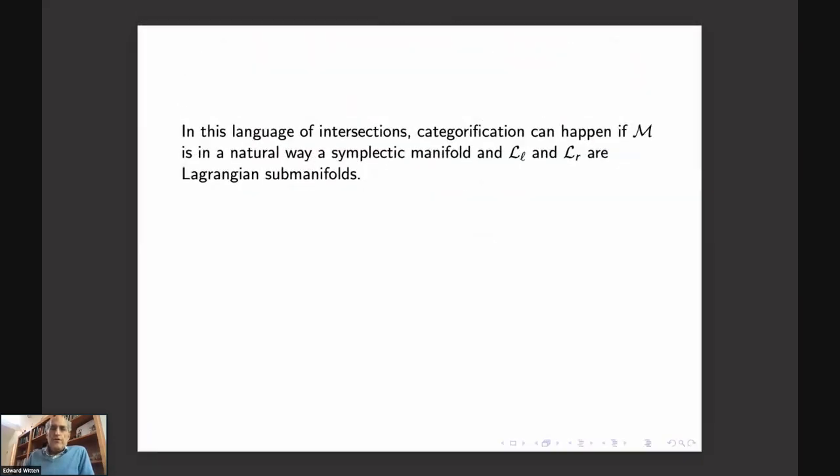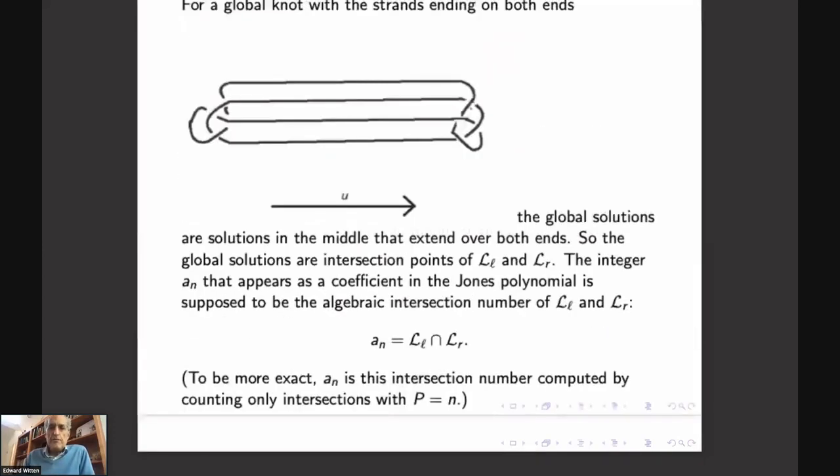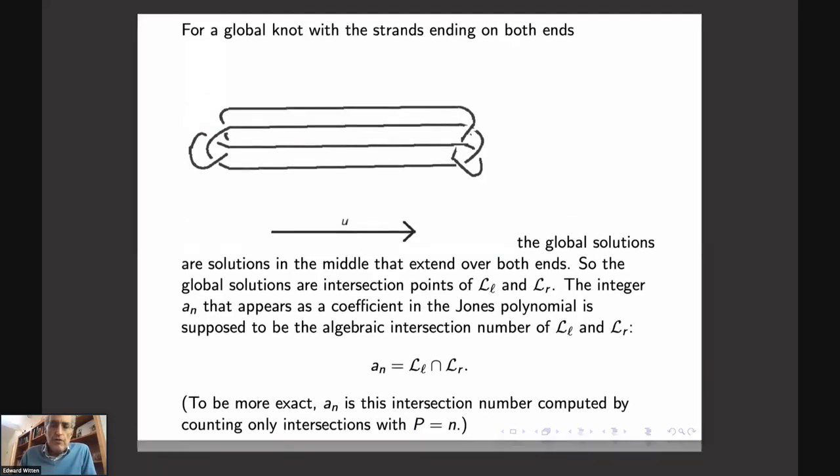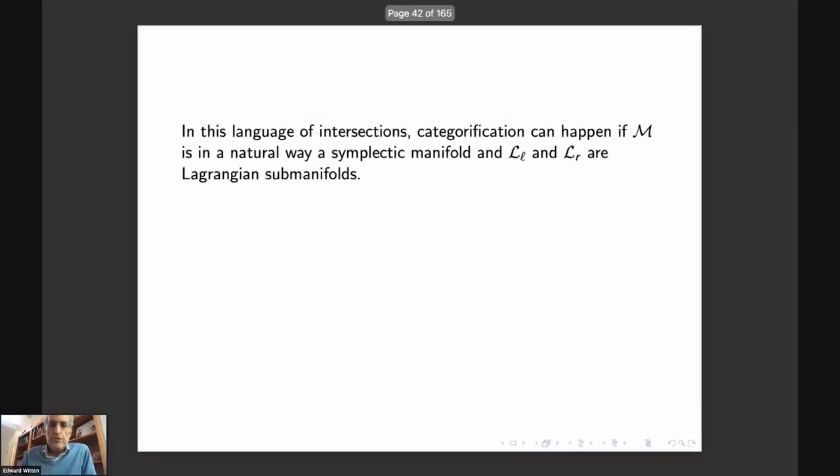Now, in the language of intersections, categorification can happen. Well, how can categorification happen? So we have an M, and it has two sub-varieties, L sub L and L sub R, and we took the intersection number. We want to categorify that intersection number. Well, where has the intersection number of two submanifolds been categorified? That's what Floer did in Floer theory.